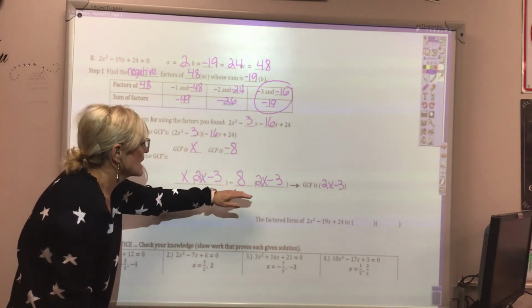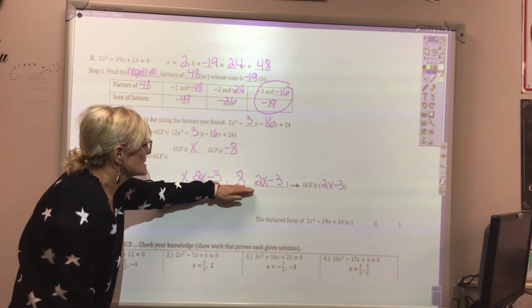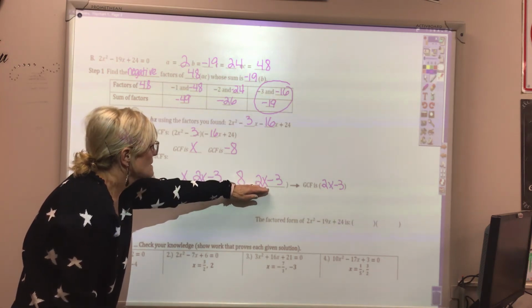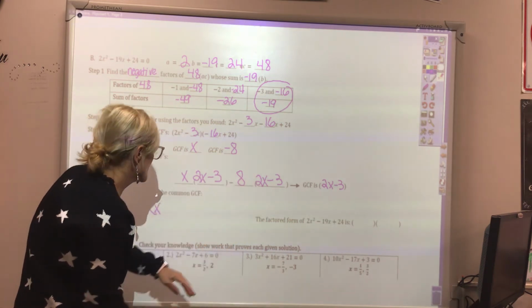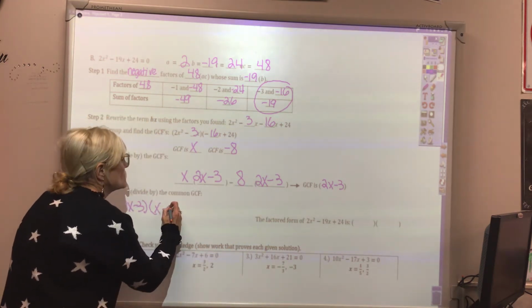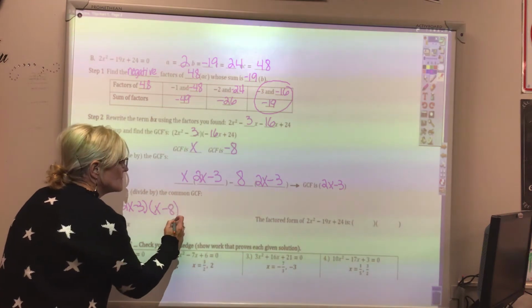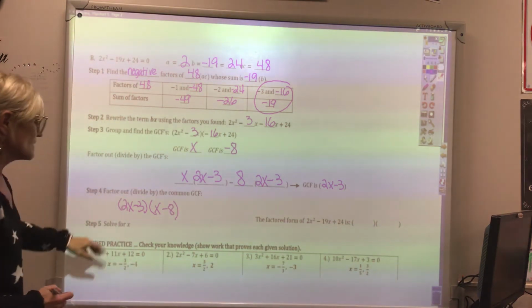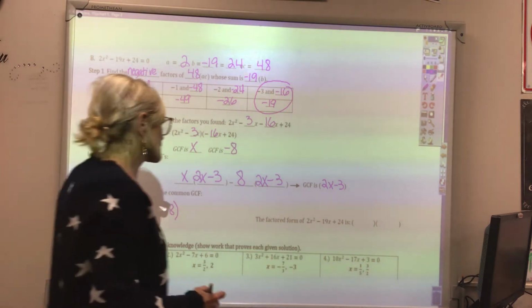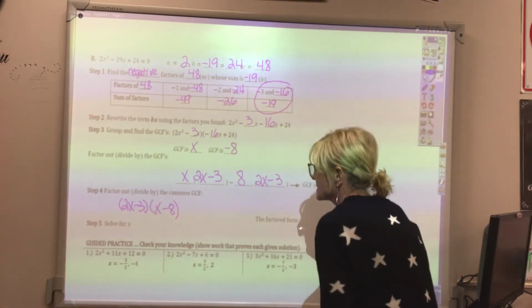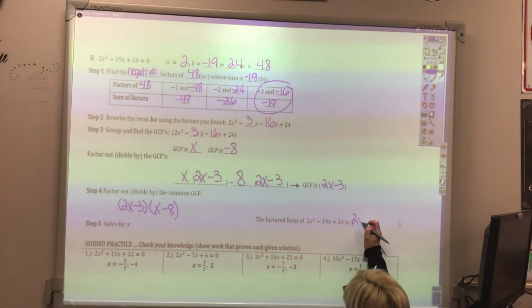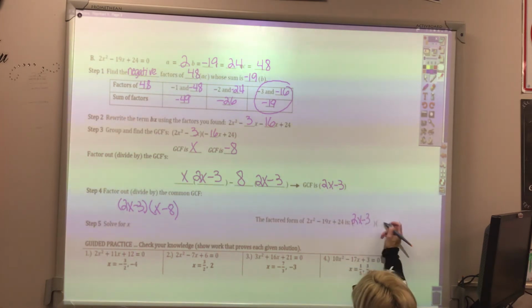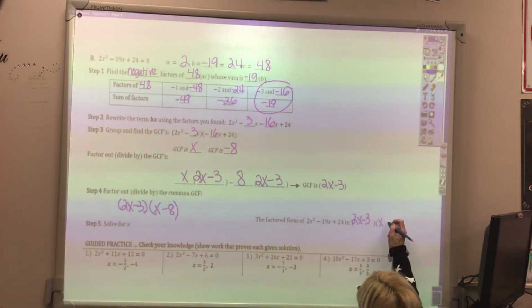And when we divide negative 8 times 2x minus 3, we're left with negative 8. And so the factored form is actually this. It is 2x minus 3 times x minus 8.